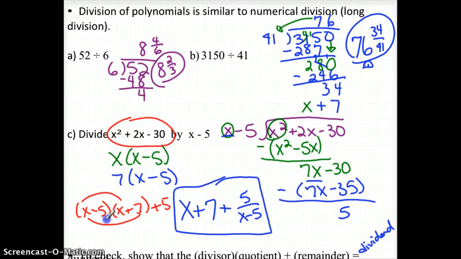If I distribute this all out, I get x squared, a plus 7x and a minus 5x is a plus 2x. Minus 5 times 7 is minus 35, plus 5. You can see that that's going to add up to negative 30. So it is going to check out, and that's going to work.